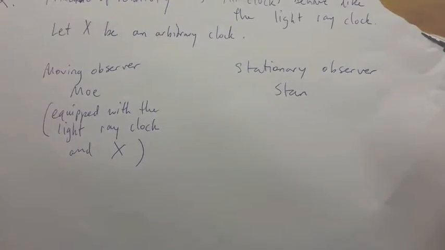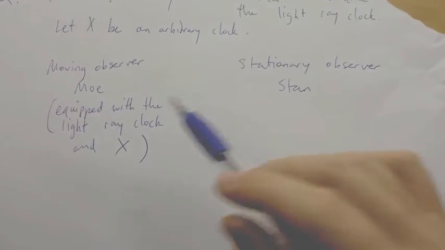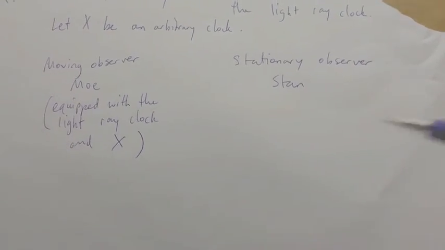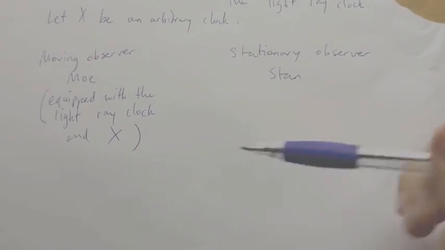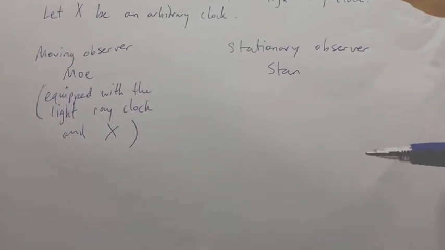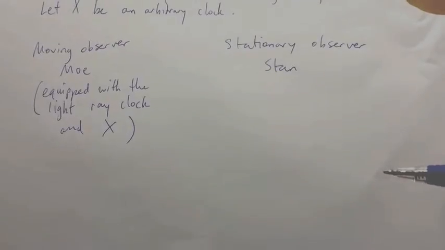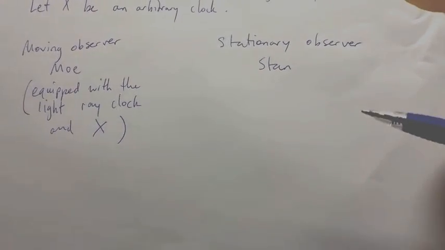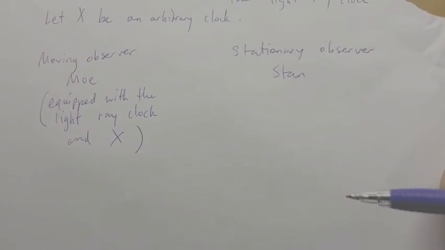So both Mo and Stan agree how many ticks of the light ray clock and how many ticks of x have undergone, because these are just events that you can see, but they won't agree on how long it took for those ticks to happen.